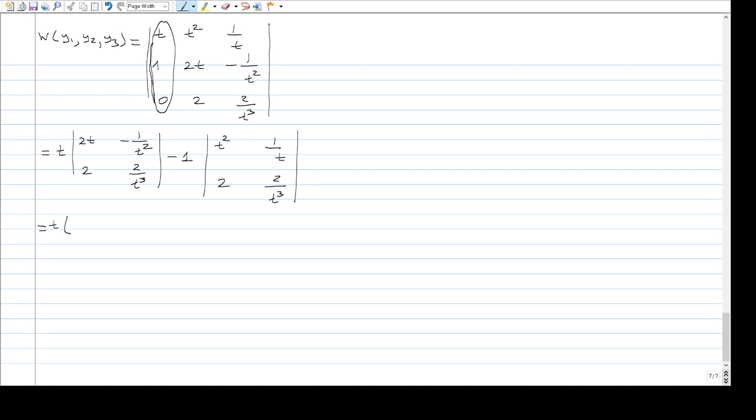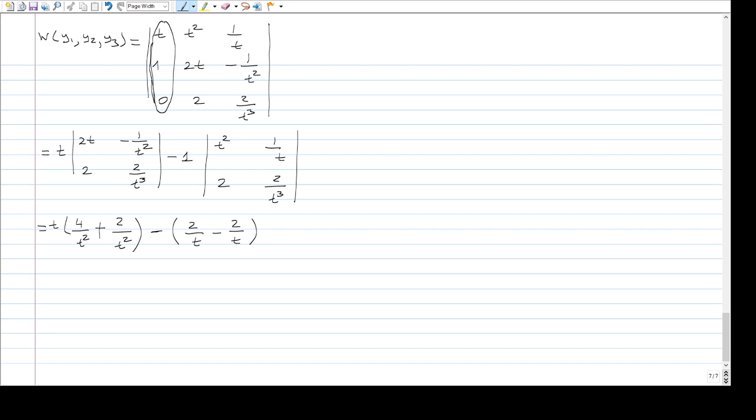Okay, so t times, when we multiply the main diagonal, we have 4 over t squared minus the other diagonal is minus, so it makes it plus 2 over t squared. So minus the main diagonal, 2 over t minus 2 over t. So that's 0.